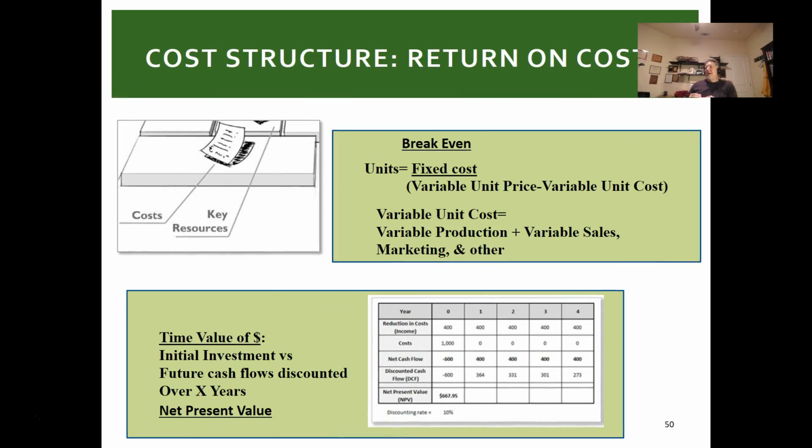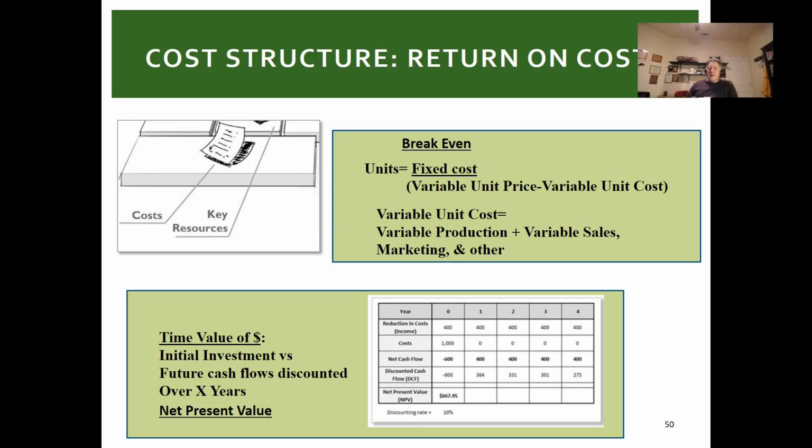And then we talk about return. For those who work in finance, there's an equation that we use, which is called the break-even point. The break-even point really is the fixed cost divided by the variable unit price minus the variable unit cost.